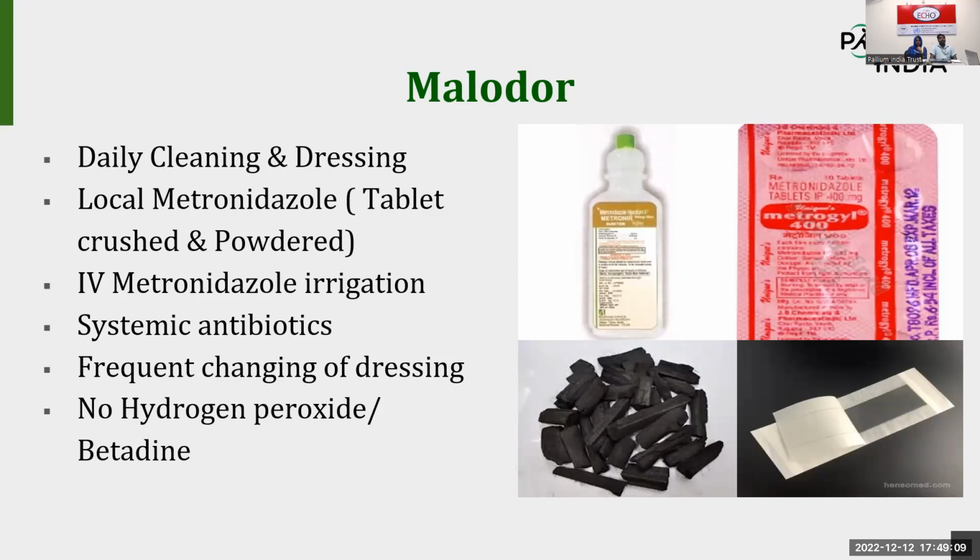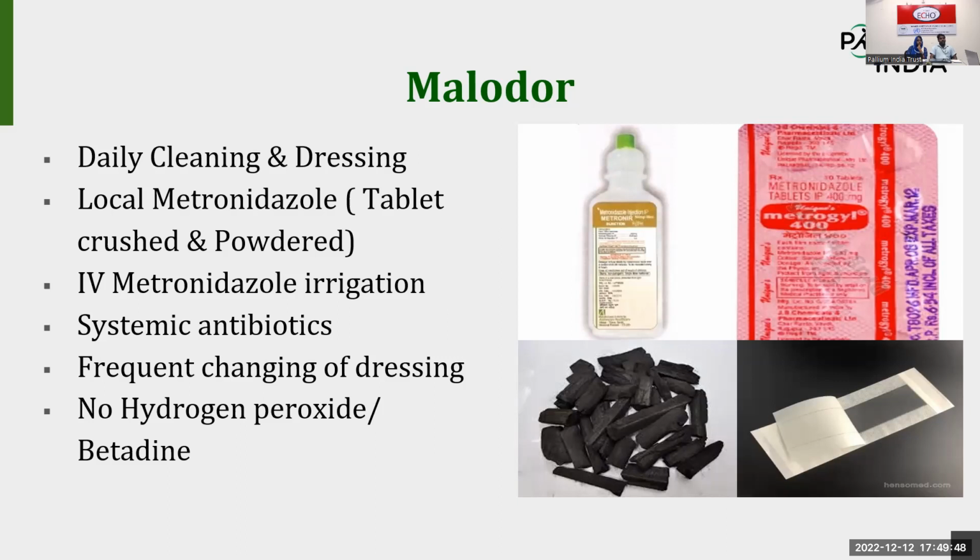If the wound has a cauliflower-like appearance, we can do IV metronidazole irrigation instead, because in that area thorough cleaning and rubbing will cause the wound to bleed. So, avoiding thorough rubbing, we should avoid the powdered tablet and use the injection form of metronidazole. Then systemic antibiotics can be started if needed.